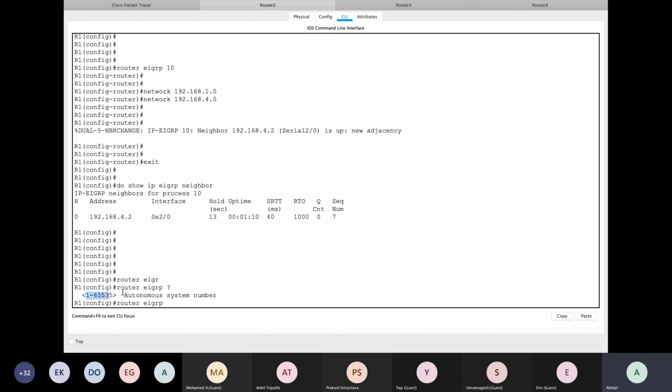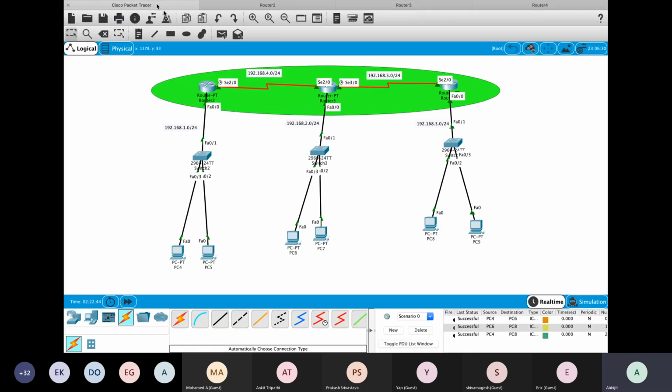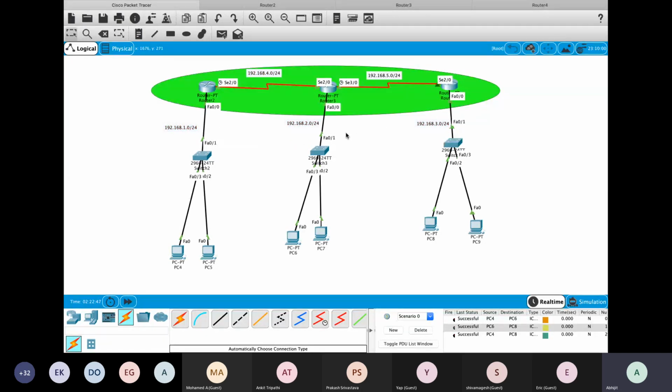I have randomly taken 10, but you can take 20, 30, 40, whatever you want. And you can build multiple EIGRP processes with the help of that. When you have this autonomous system number common between the routers that you want to exchange routing traffic, then and only then it will work. Otherwise, you won't be able to create a neighborship between routers that have different autonomous system numbers.